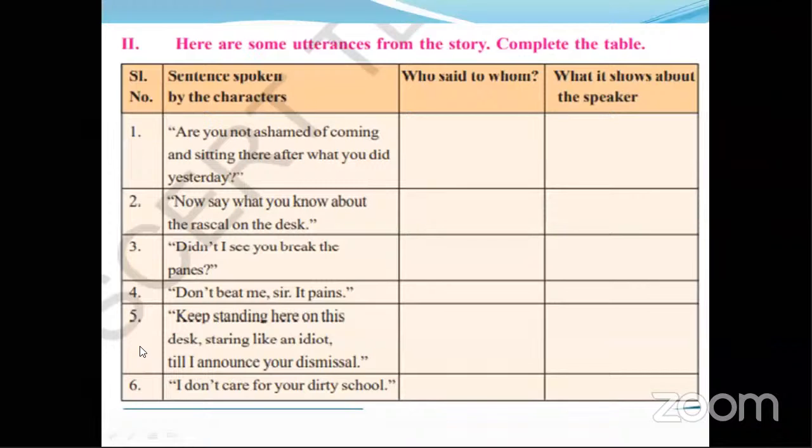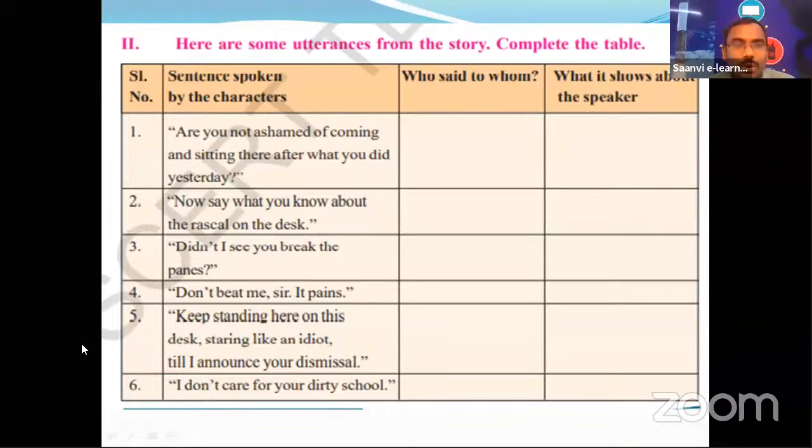Are you all ready with your pencil? The headmaster said to the students. Write it.